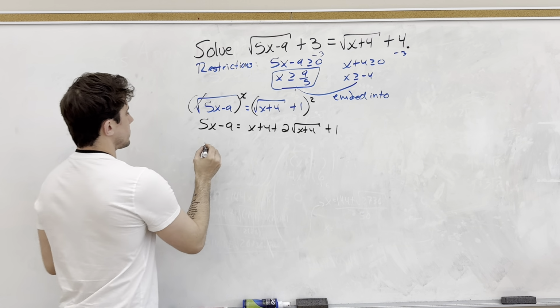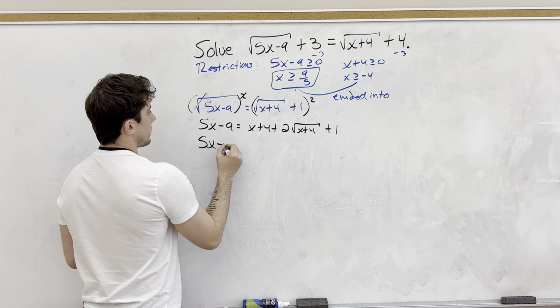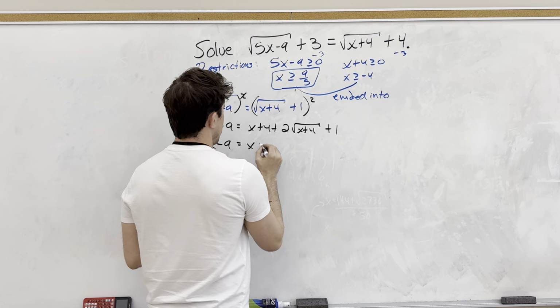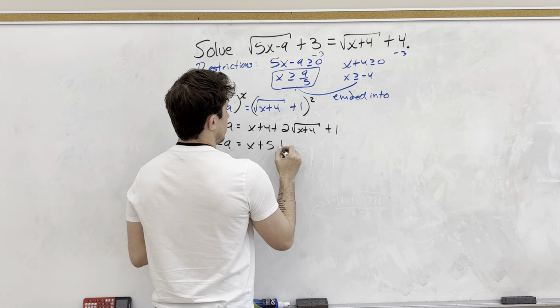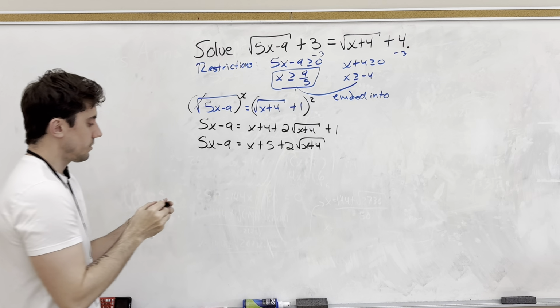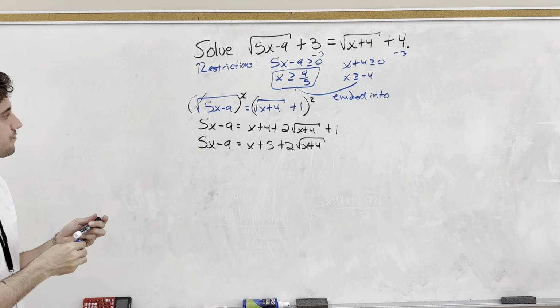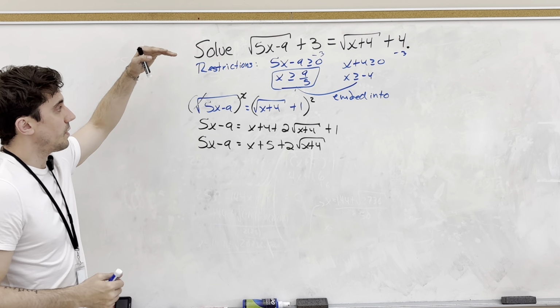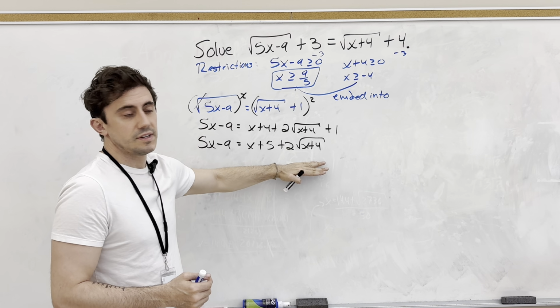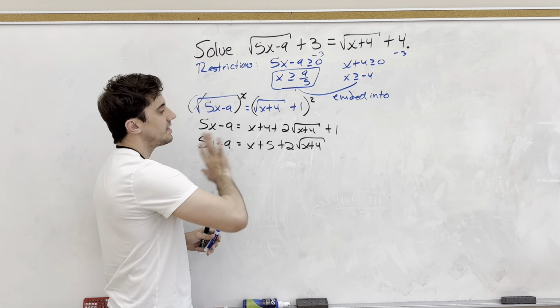Now, let's group this a little bit. So we'll have 5x minus 9 is equal to x plus 4 plus 1, x plus 5, plus 2 square root of x plus 4. And now already we went from 2 radicals in our equation down to just 1. So now that we have only 1 radical, let's isolate it.